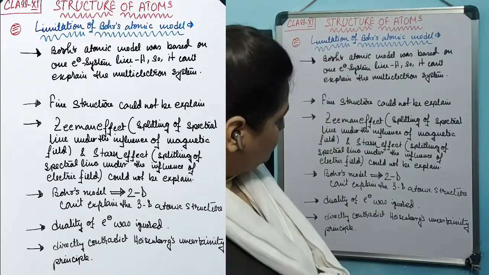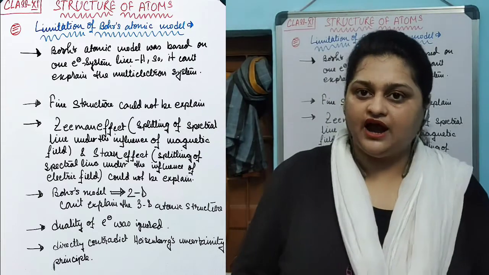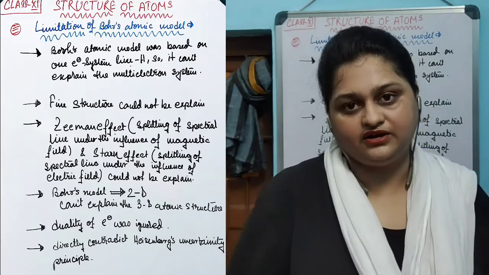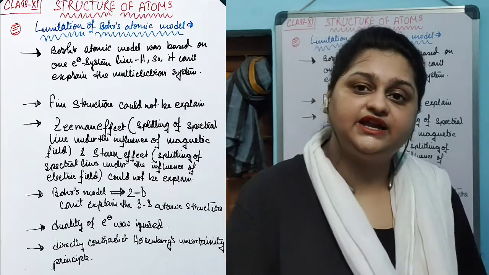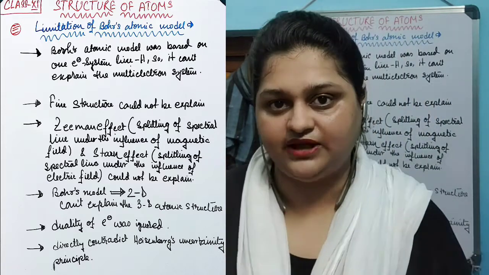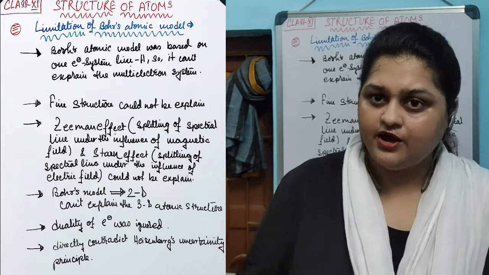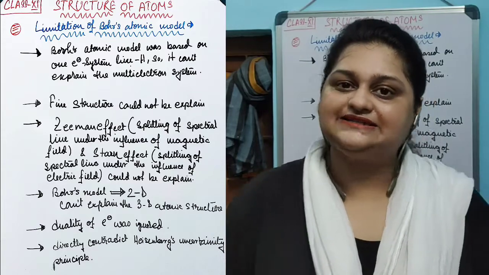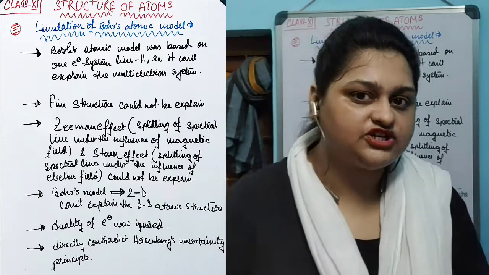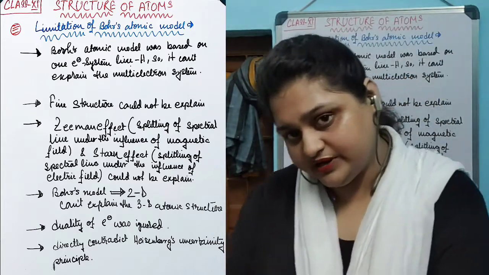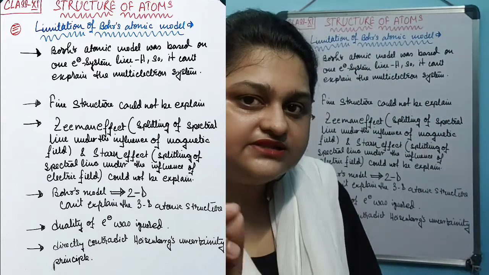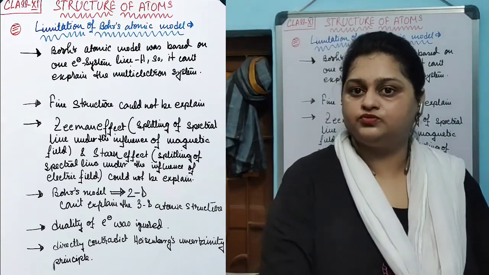Now, Max Planck and Einstein concluded that a subatomic particle like the electron has a dual nature. That is, it behaves as a particle, and the motion of these subatomic particles also has a wavy nature, so they behave as a wave as well as a particle. This dual nature of the electron was not considered during the construction of Bohr's model.